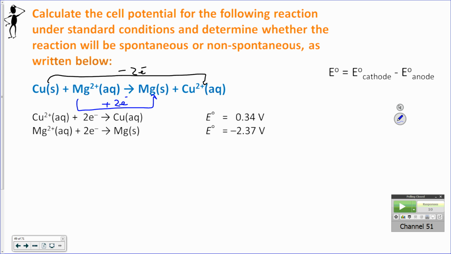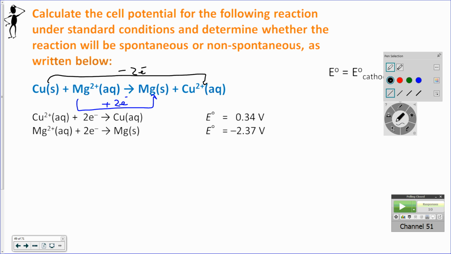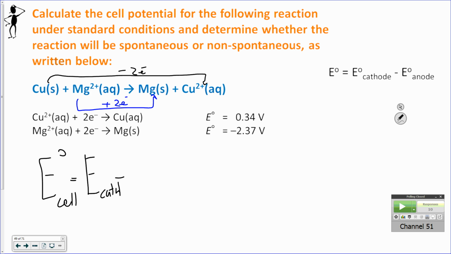All right, so if I look at its potential, E of cell, it's always E cathode less E anode. And if I look at its cell potential, the one that's going to be reduced is first.